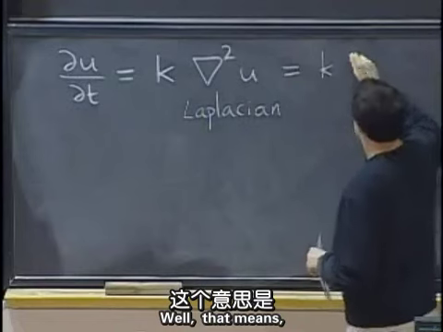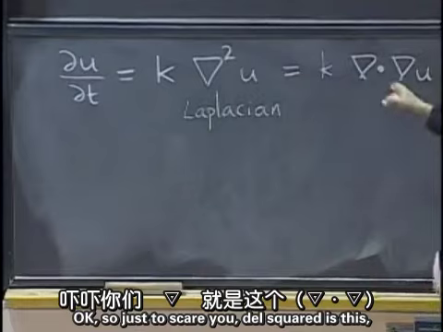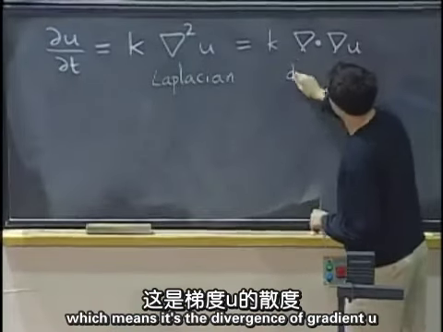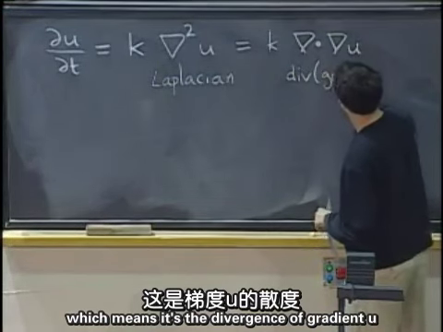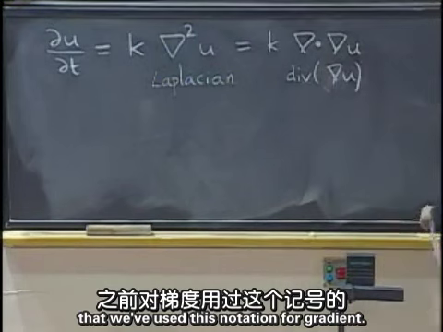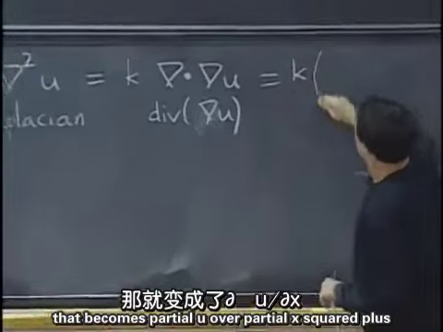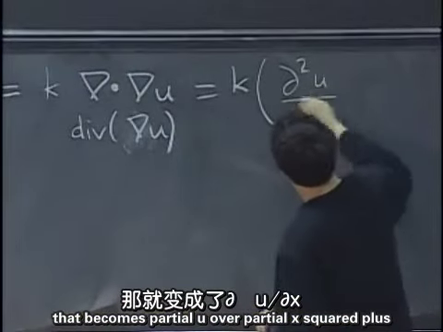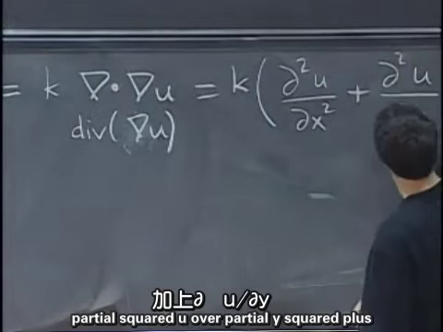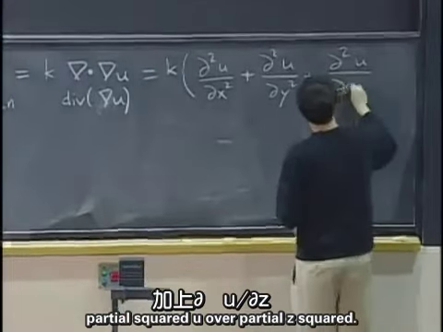Well, just to scare you, del squared is this, which means it's the divergence of gradient u. We've used this notation for gradients. So if you actually expand it in terms of the variables, that becomes partial squared u over partial x squared plus partial squared u over partial y squared plus partial squared u over partial z squared.